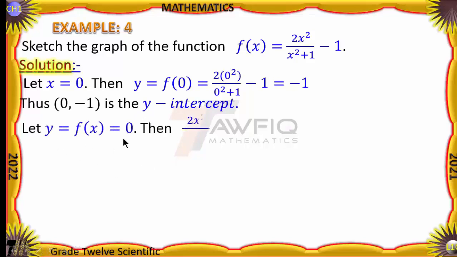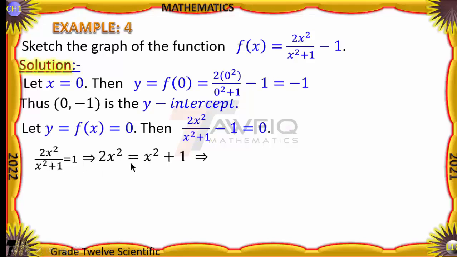Then (0, minus 1) is the y-intercept. Now let y be equal to 0, then 2x squared over x squared plus 1, minus 1 is equal to 0. Take minus 1 from the left side to the right side, then it becomes 1, and cross multiply: 2x squared equals x squared plus 1.